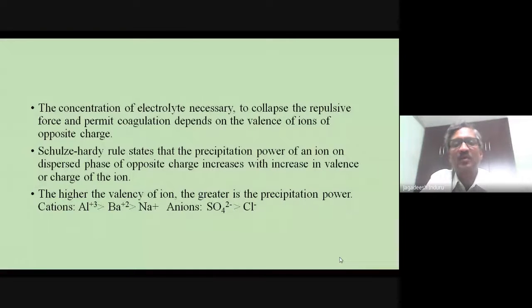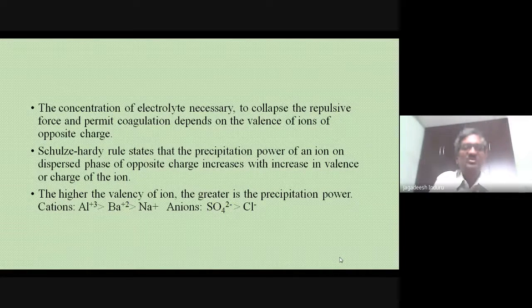It means the valency of the phosphate is 3, but depending upon the extent of neutralization, the charge present on that particular ion changes, and its behavior is similar. A trivalent phosphate has more precipitating power than the divalent one after neutralization, and then the monovalent. This is the order, depending upon the charge of the ion on the electrolyte.